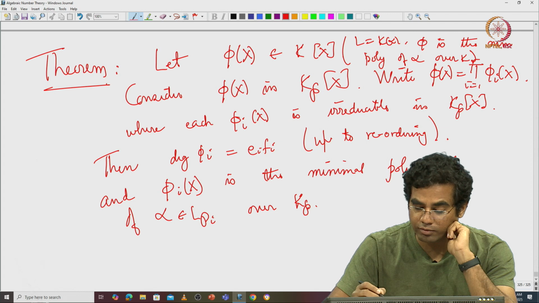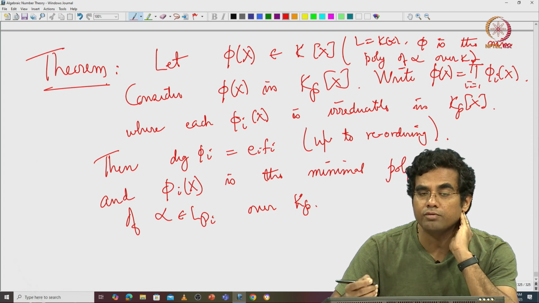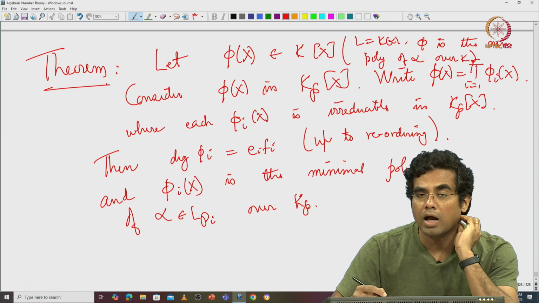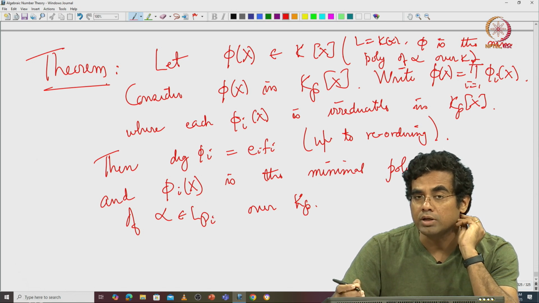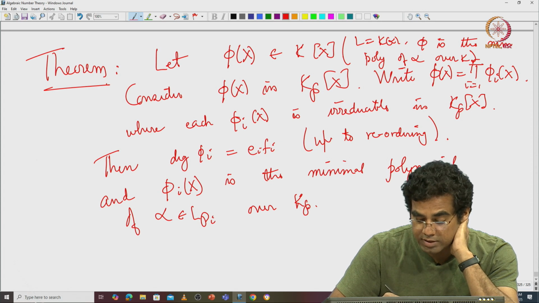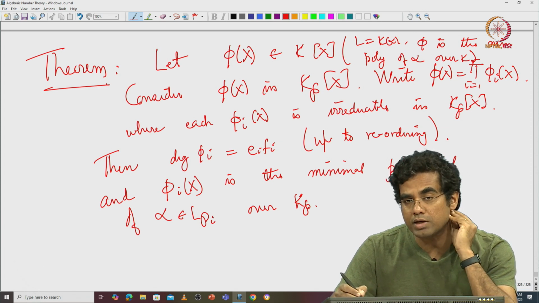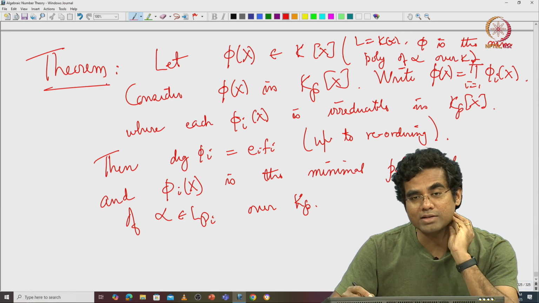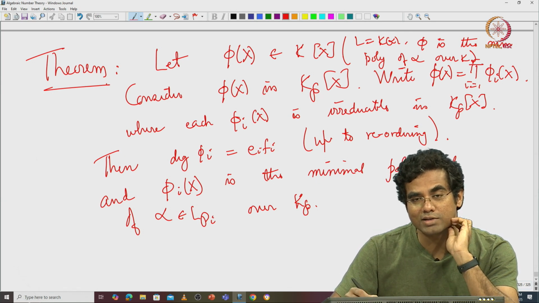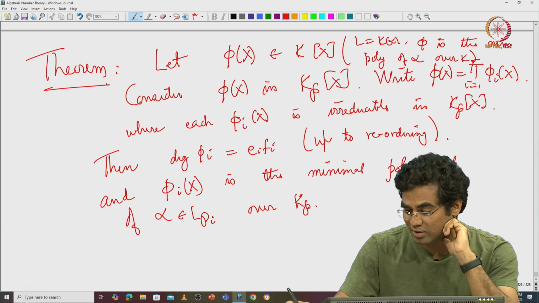So, similarly, what is the minimal polynomial of alpha will depend on which field you are asking the minimal polynomial over, but there is an added subtlety here. You can consider alpha as an element of L_{p_1}, L_{p_2}, L_{p_3} and so on, and again the answer will depend on whether you are considering it as an element of L_{p_1} or L_{p_2} and so on.